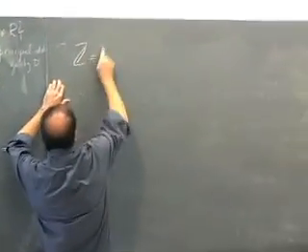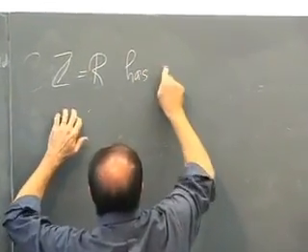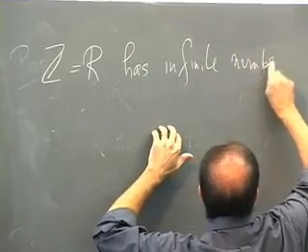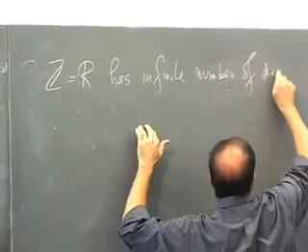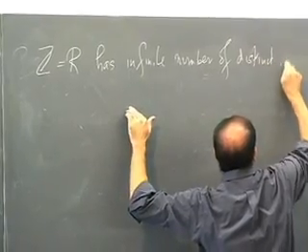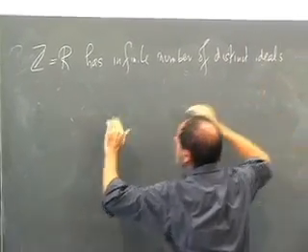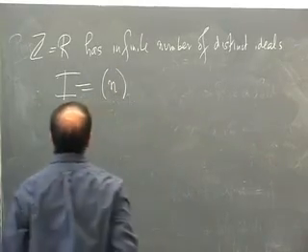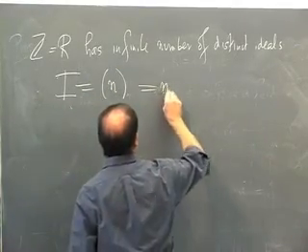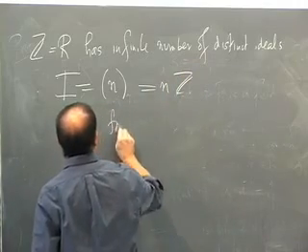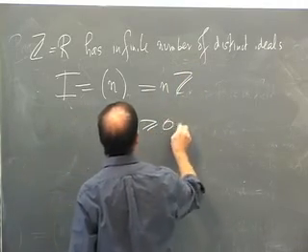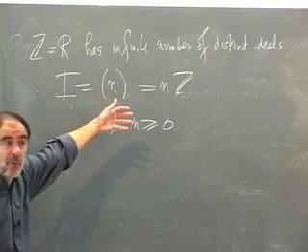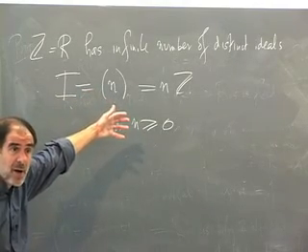Z has an infinite number of distinct ideals. And every ideal, in fact, is of the form nZ, all multiples of an integer n, for n greater than or equal to 0. And the reason is that every subgroup is of that form. We proved that a long time ago.